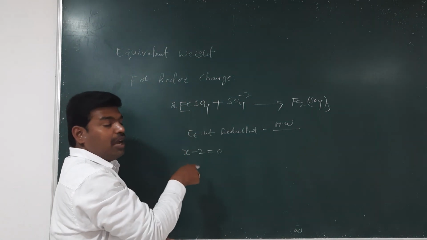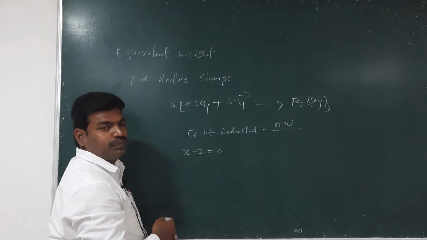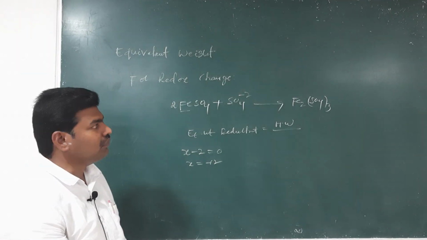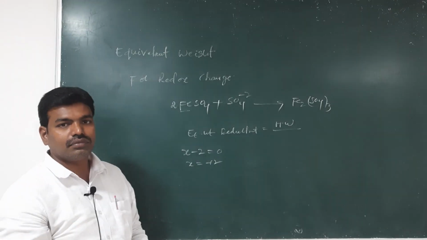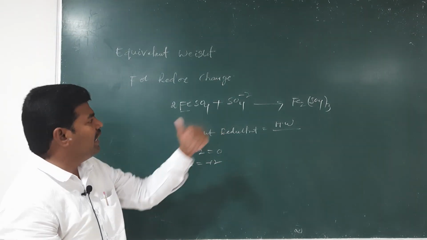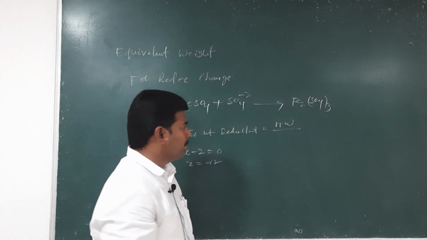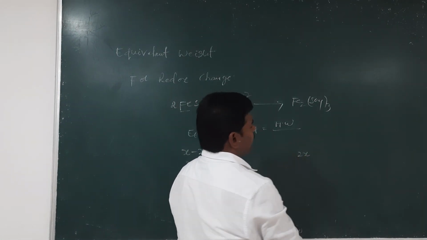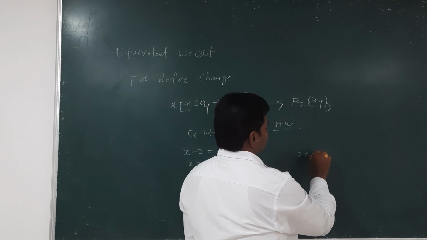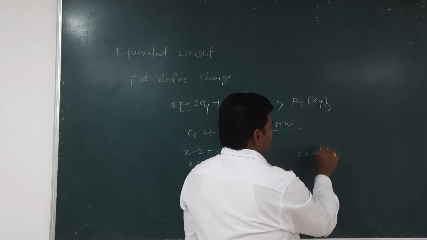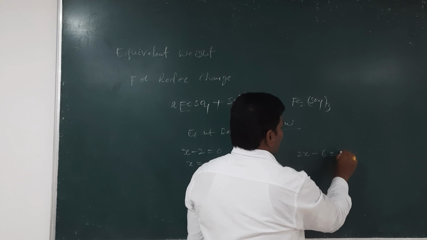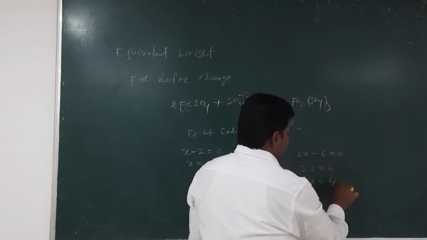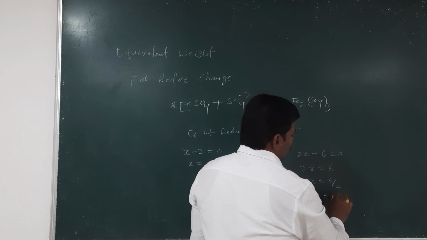So x equals plus 2. In Fe2(SO4)3, 2x minus 6 equals 0, so x equals plus 3.